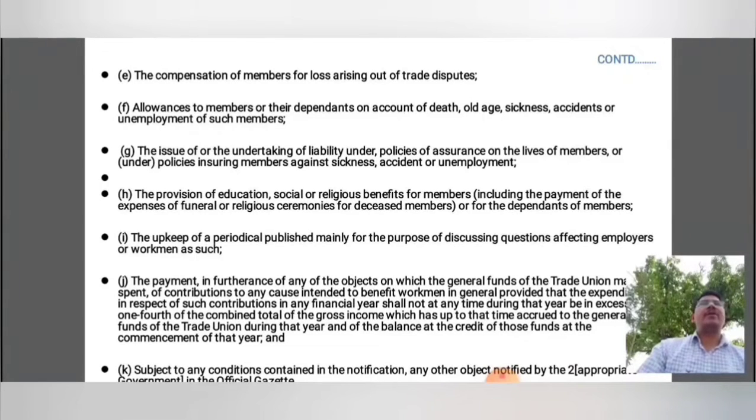The provision of education, social, and religious benefits for the members. Then the upkeep of periodicals published mainly for the purpose of discussing questions affecting employers or workmen as such.